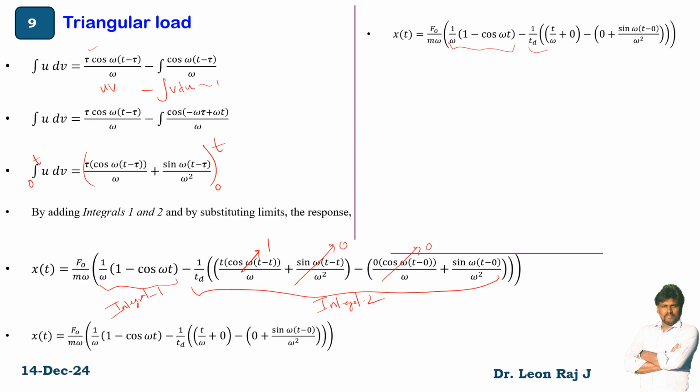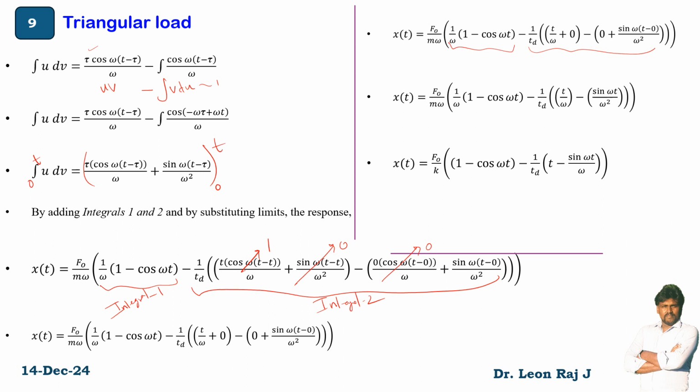This is integral 1 and this is integral 2. So it is further simplified as f0 by m omega, 1 by omega (1 minus cos omega t) minus 1 by td, (t divided by omega minus sin omega t divided by omega square).